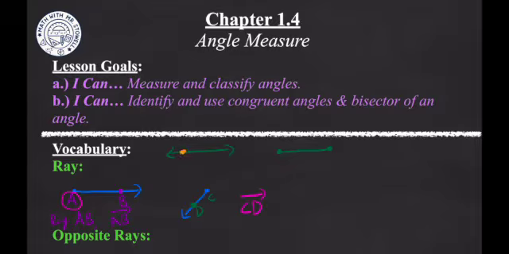If this is line AB, we write AB with a line over top with arrows in both directions. If this was line segment CD, we write CD with a bar over top with no arrows, and the ray has one arrow. It always points that direction, and we always start with the endpoint.